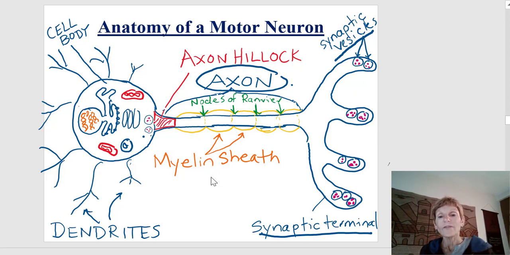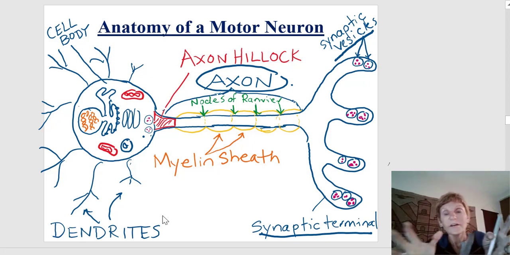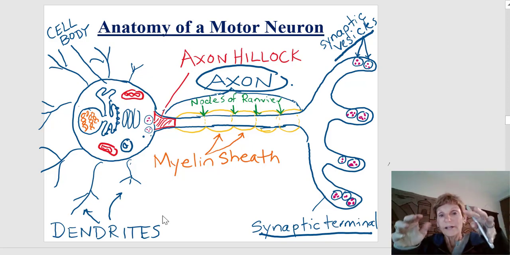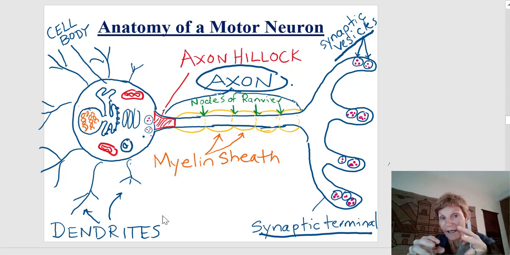And it turns out that, like any other cell, sodium is present much more on the outside of a cell than on the inside. And that's in every cell, whether it's a neuron, a muscle cell, or one of your skin cells, it doesn't matter. The outside of a cell has a much higher concentration of sodium than the inside.